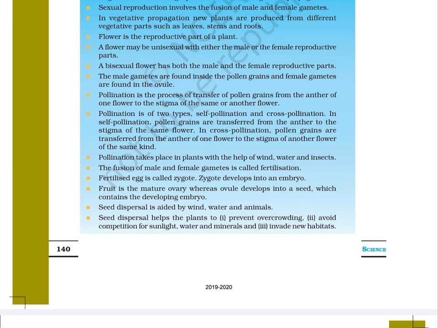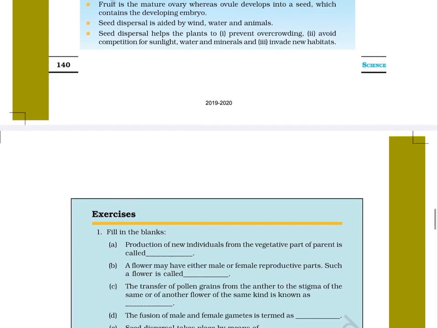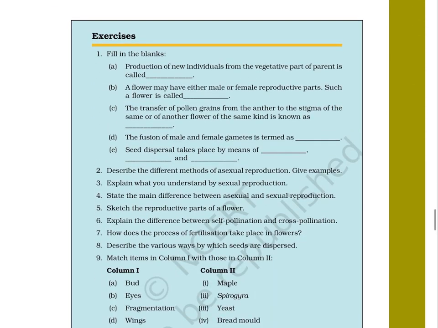Page 141. Exercises. 1. Fill in the blanks. A. Production of new individuals from the vegetative part of parent is called blank. B. A flower may have either male or female reproductive parts. Such a flower is called blank.